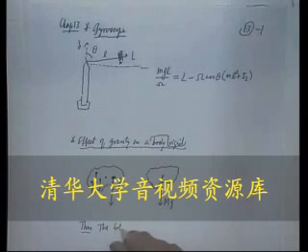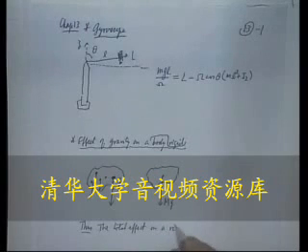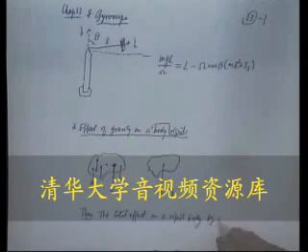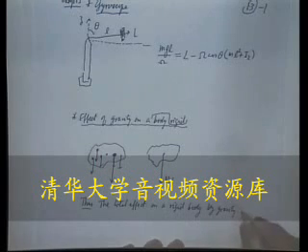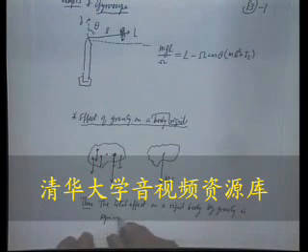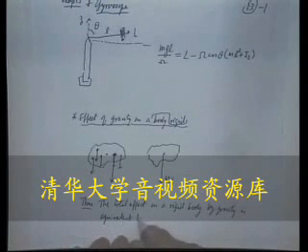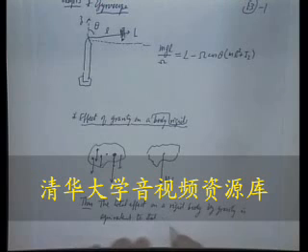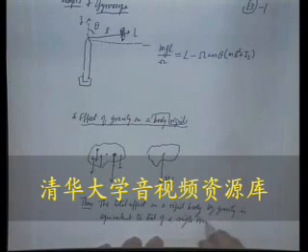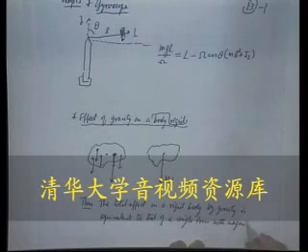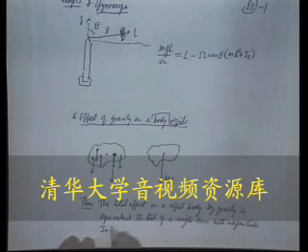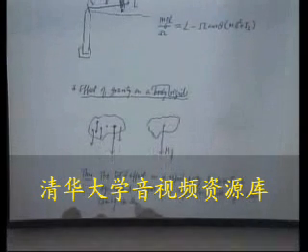The total effect on a rigid body by gravity is equivalent to that of a single force with magnitude sum of m times g on the center of mass.